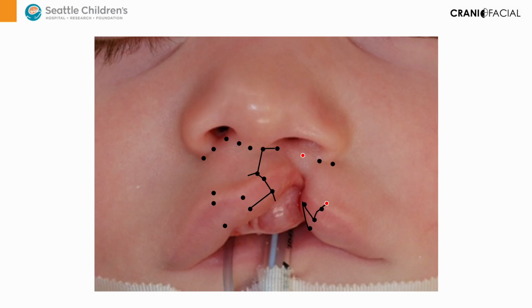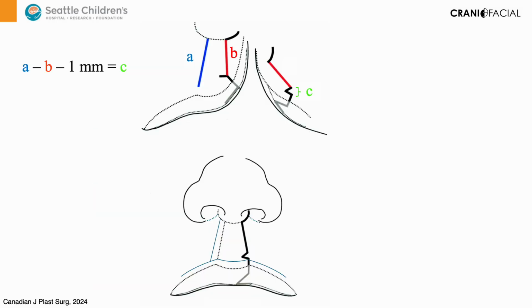It's here that we stop and take a little pause. We have two fixed points that define the available height along the lateral lip element. And so we need to design lateral lip incisions that match the medial lip incisions, but also augment the medial lip appropriately.